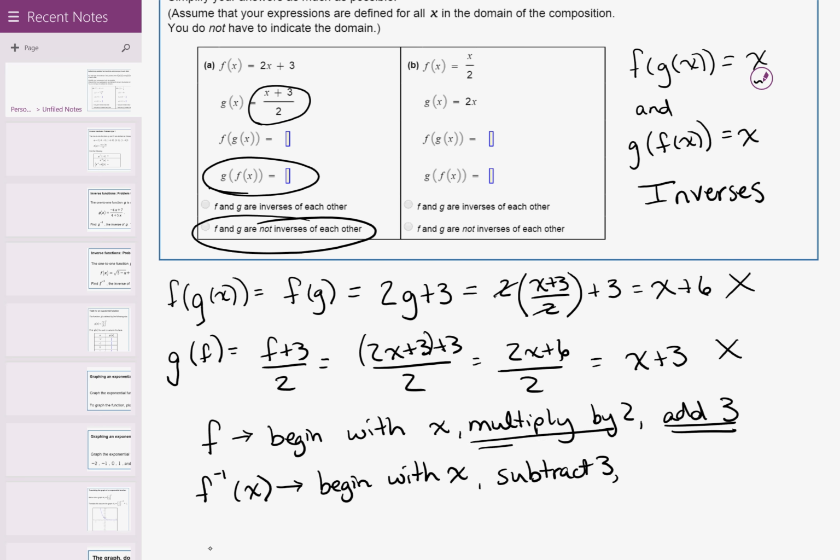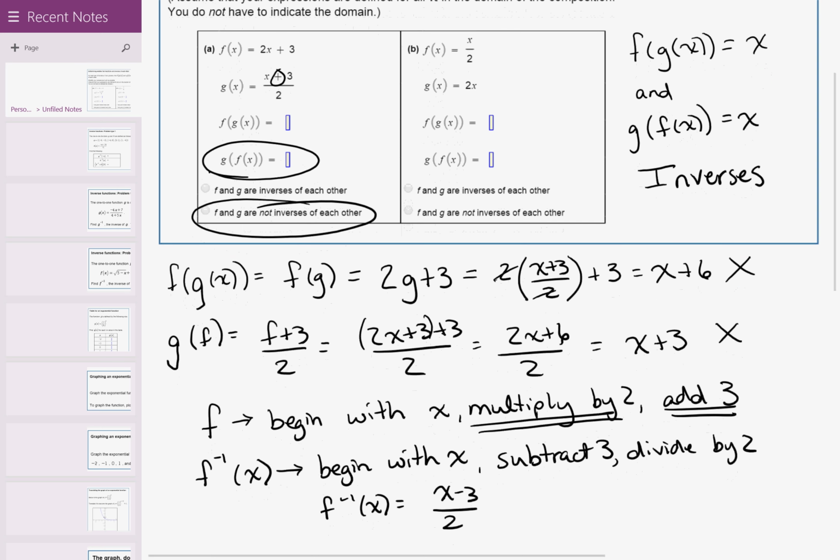And now I'm going to undo this action. Divide by 2. So f inverse would be this: x minus 3 divided by 2. So we can see the little trick they put in here. Instead of subtracting 3, they added 3.